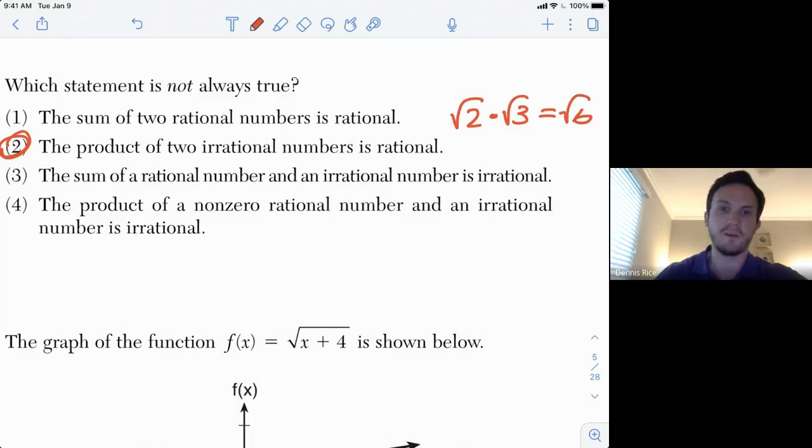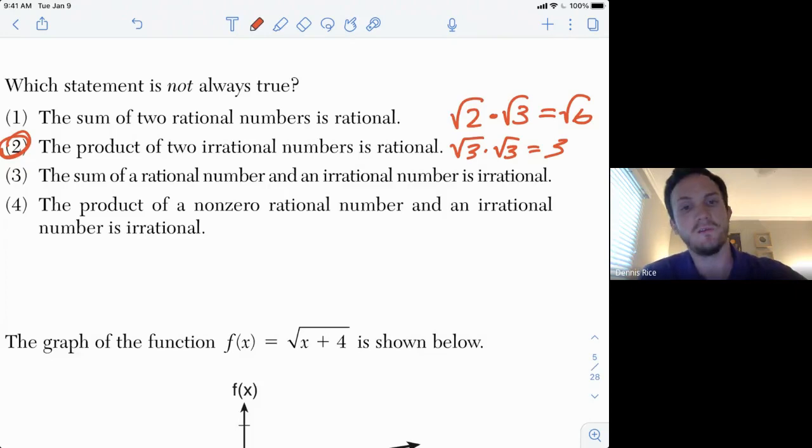No. If I do rad 2 times rad 3, two irrationals, I get an irrational. Usually that's the case. What they gave in choice 2 is the rare exception. That happens when you do maybe the same radical times itself, or rad 50 times rad 2. It sometimes works out that way, but usually it's irrational.